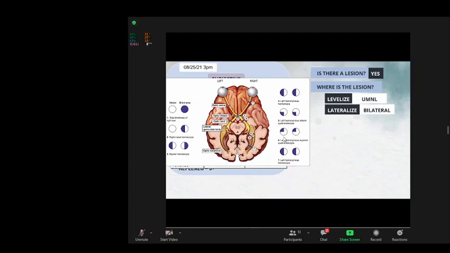Kasi pag sinabi mong hemi, it's just one part, diba? Yes po. Okay, sige, bilateral both. So you don't say hemianopsia, diba? Kasi pag hemi, half. Yes po, Doc.